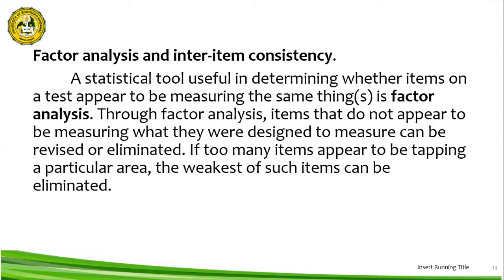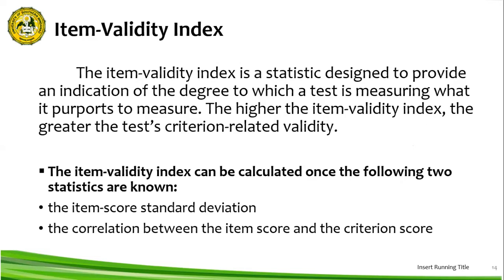So the next item index is the item validity index. What is item validity index? It is a statistic designed to provide an indication of the degree to which a test is measuring what it purports to measure. The higher the item validity index, the greater the test criterion-related validity.